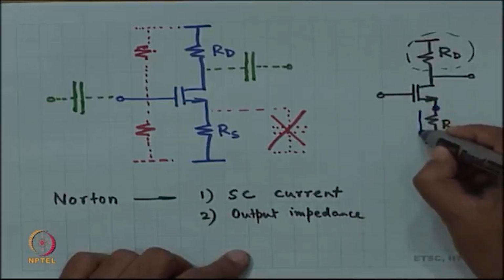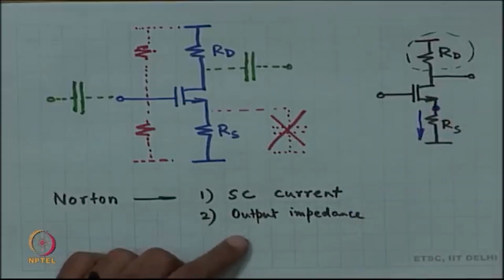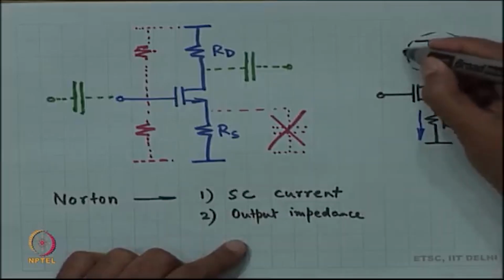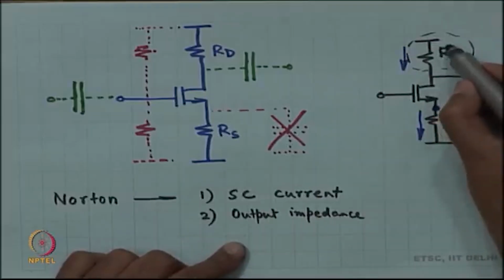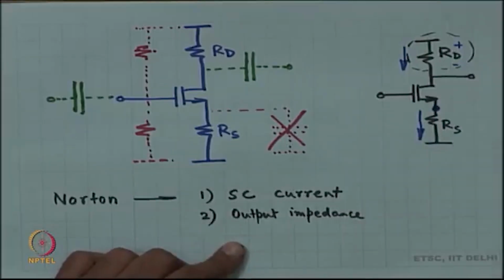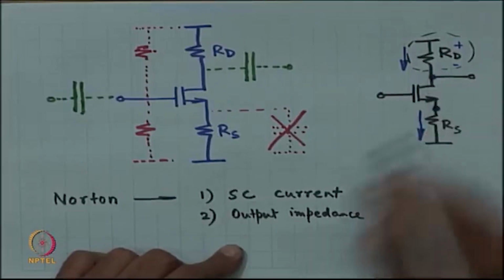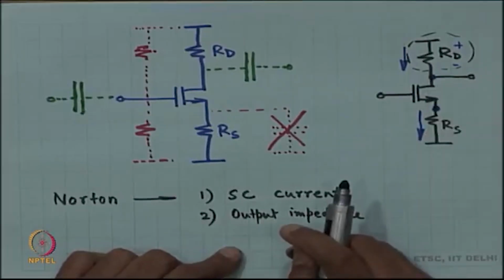That means, this current is V in by R s, this current is V in by R s. So, the drop across R d is V in by R s times R d, and therefore, the output voltage is minus V in times R d by R s.